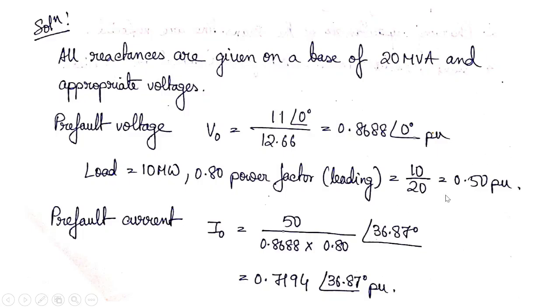If we convert it into per unit, we have the base of 20 MVA. So 10 by 20, that is 0.50 per unit. And so we can get the pre-fault current, which is equal to 0.50 divided by 0.8688 into 0.80 angle 36.87 degree, which is equal to 0.7194 angle 36.87 degree.